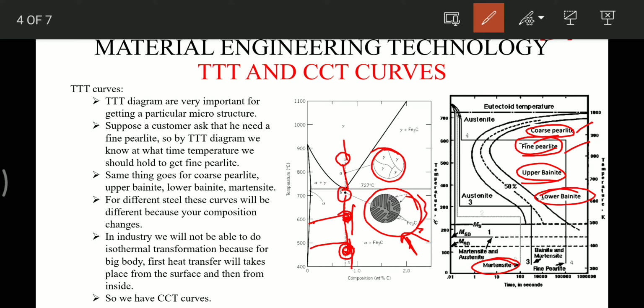These two more microstructures or phases we have not seen in the iron carbide diagram, and the reason is that they are not stable in equilibrium. They are metastable states, so that is why they are not present in the iron carbide equilibrium diagram.